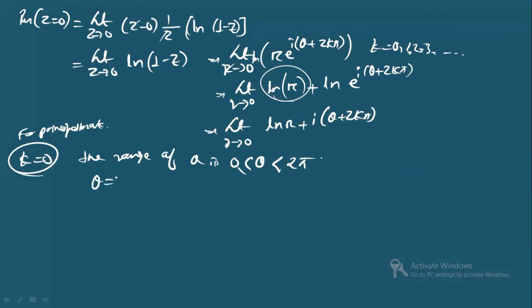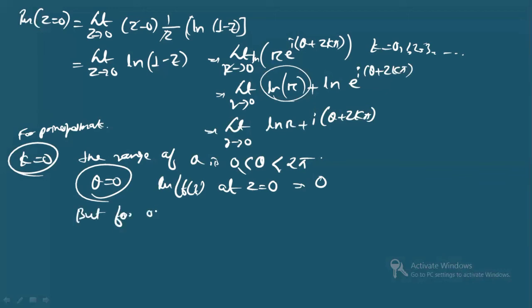Now if you take theta equals 0, then you will see the residue of the function at z equals 0 is equal to 0. The residue at z equals 0 is equal to 0 for only the principal branch. But for other branches, the residue is not equal to 0.